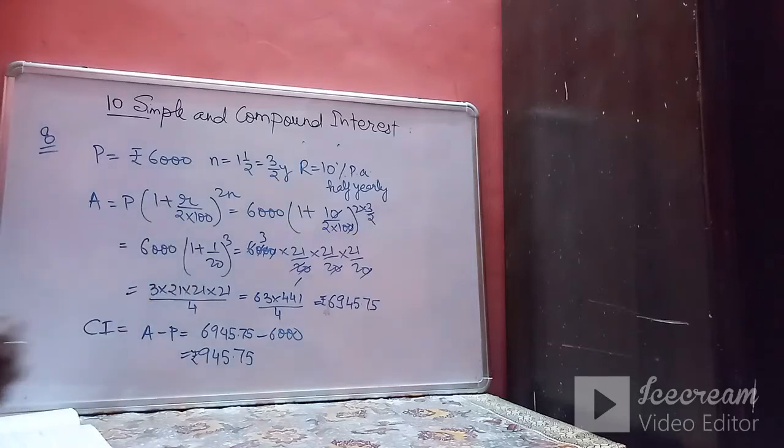So this will be the compound interest for 6,000 rupees at 10% per annum in 1.5 years. This is how you have to solve the problems related to calculation of compound interest half yearly.